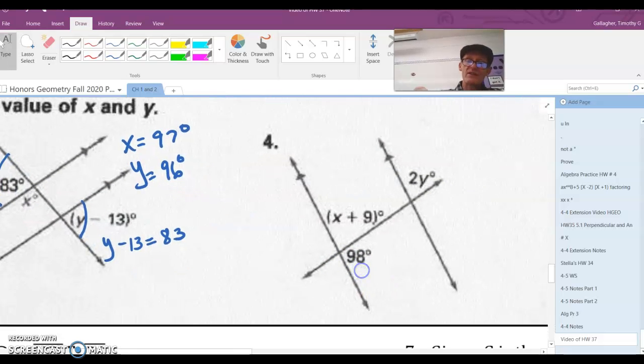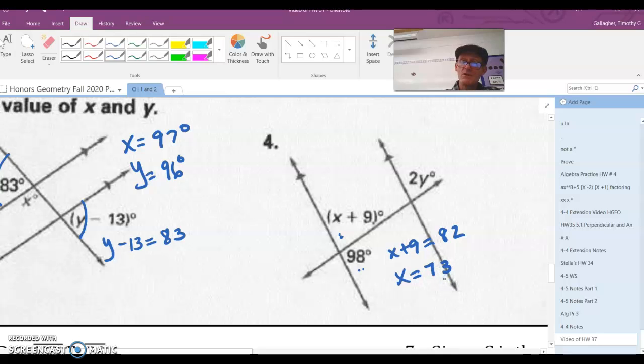Number 4, we can see that 2y equals x plus 9, but we can also see that x plus 9 equals 82. Okay? So x plus 9 equals 82 because of the supplement angles here. So x is equal to 73.